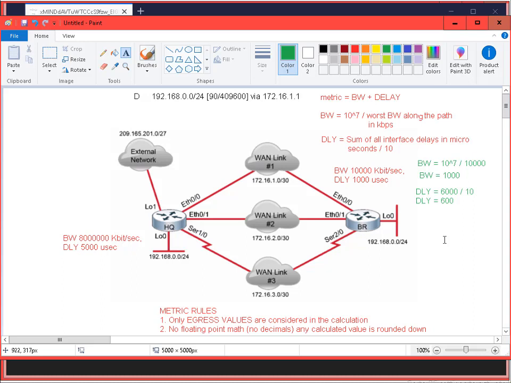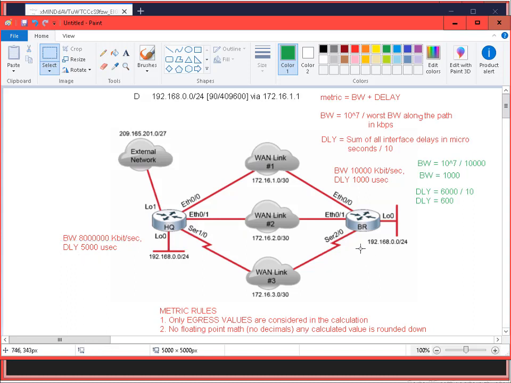So now we have to take those numbers and add them. Run that by me again. I didn't catch that. Okay, the 6,000 is the sum of all the delays in microseconds. We can see that it's already written in microseconds from the show interface output. It's 1,000 there, plus 5,000 there.